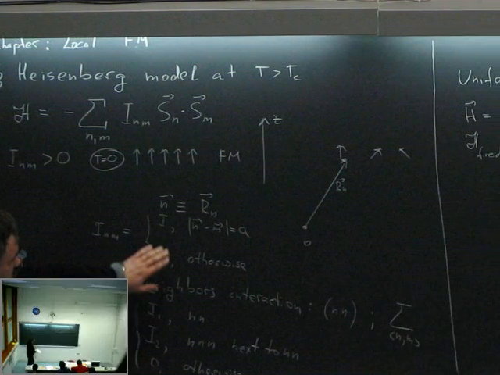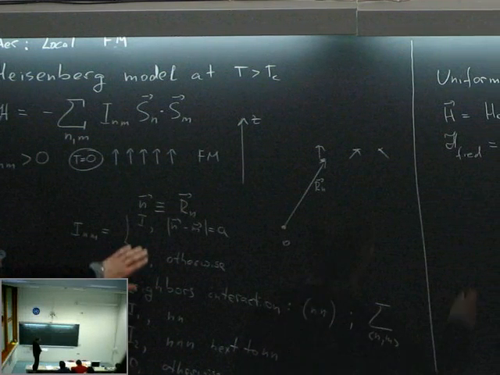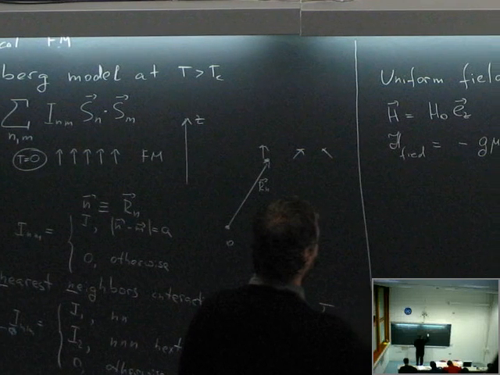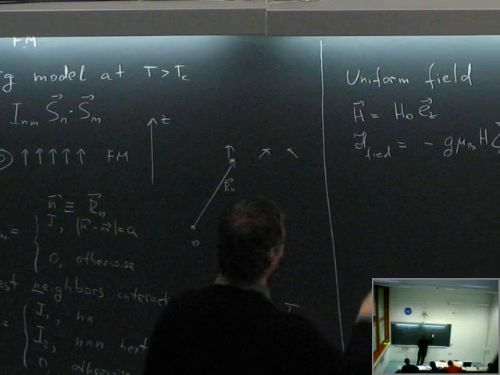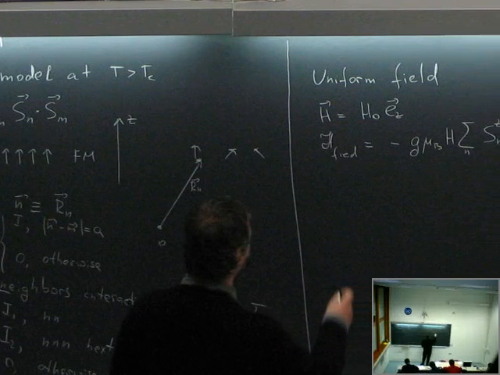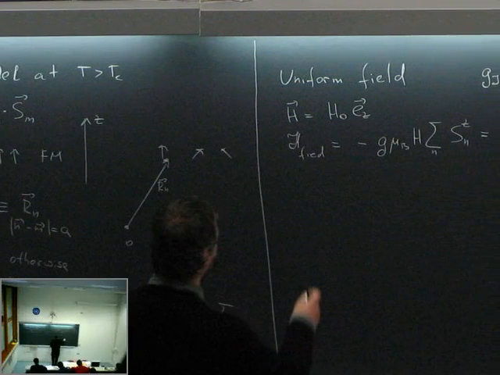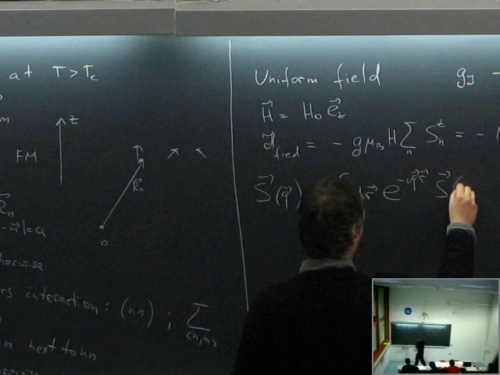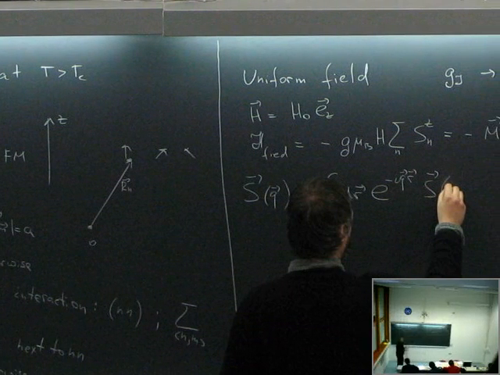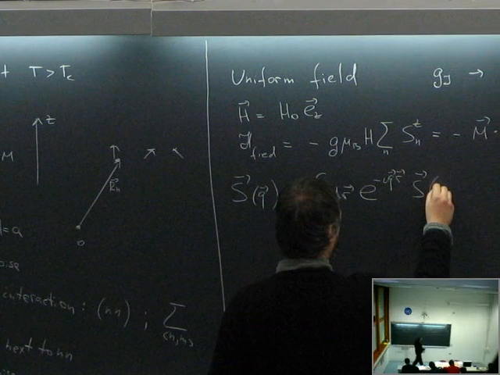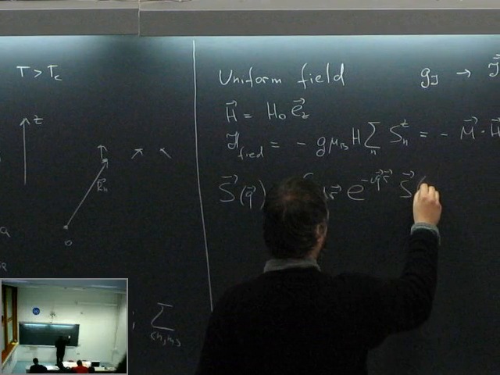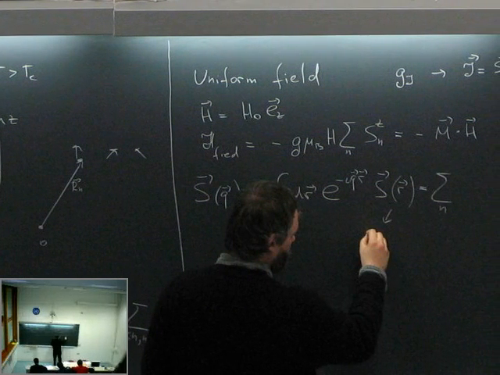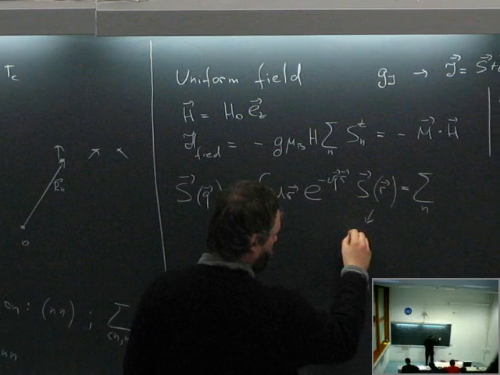Okay. The Fourier transform S_q is defined as the integral over dr e to the power minus i q r S(r), but S is localized on the lattice sites, therefore we can write it down as a sum over n. So S(r) is proportional to the delta function r minus R_n.